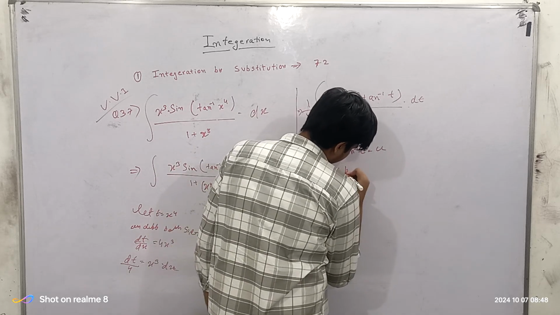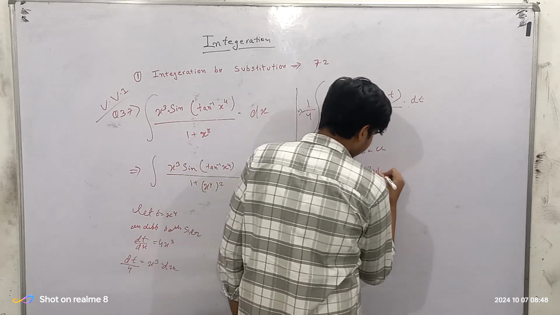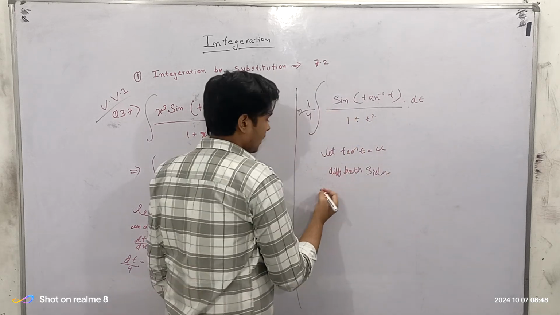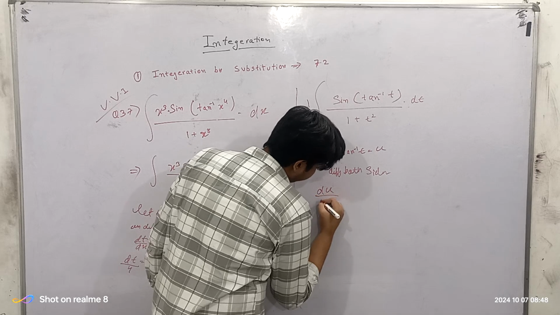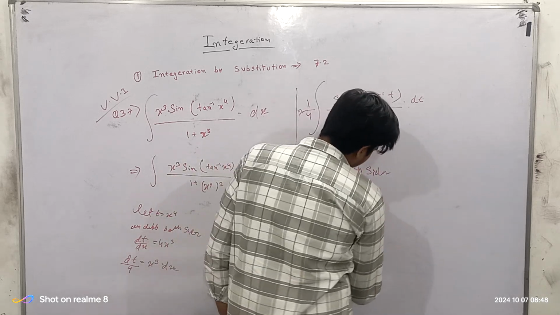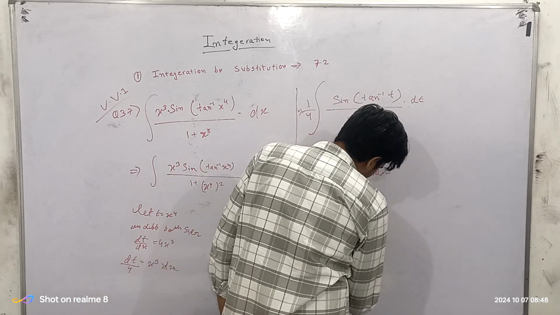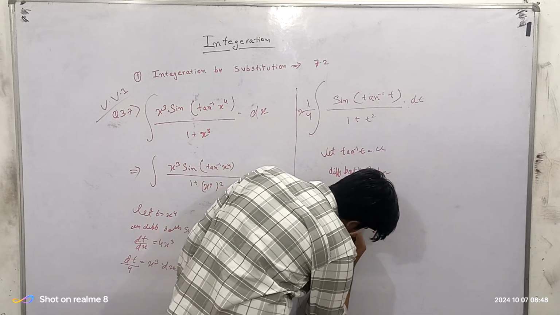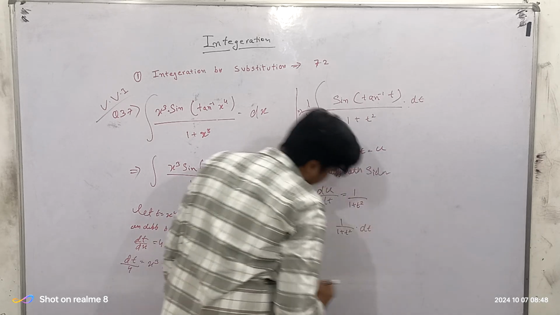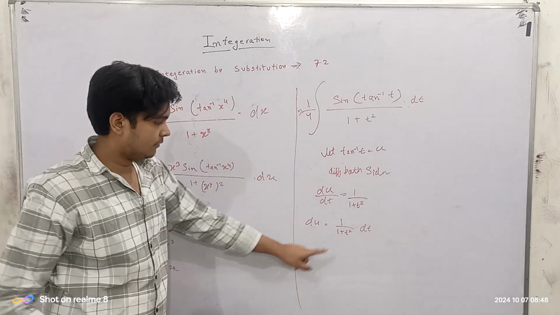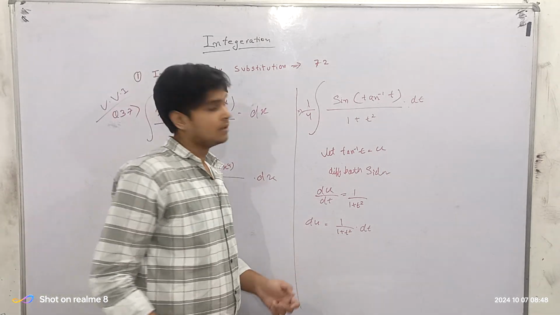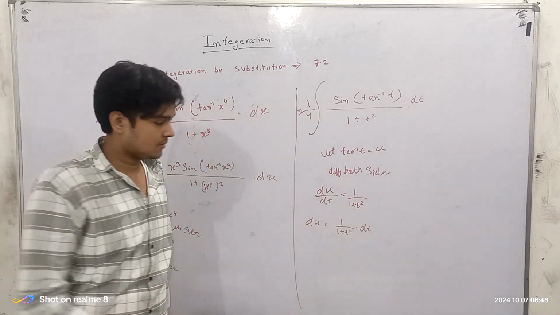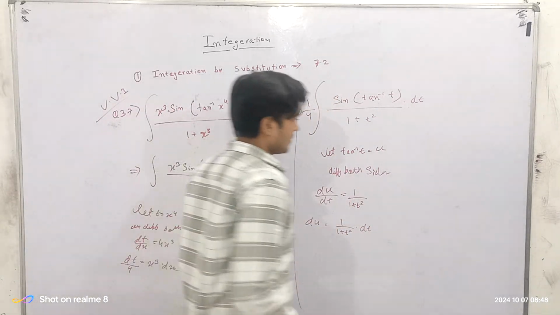Differentiating both sides, du by dt as derivative of tan inverse t is 1 by 1 plus t whole square. du equals 1 by 1 plus t square into dt. In the question we can see this value has come. Now we will put it in the question.